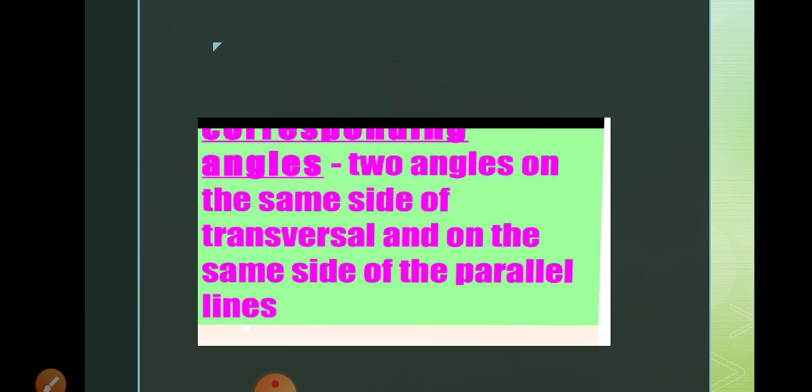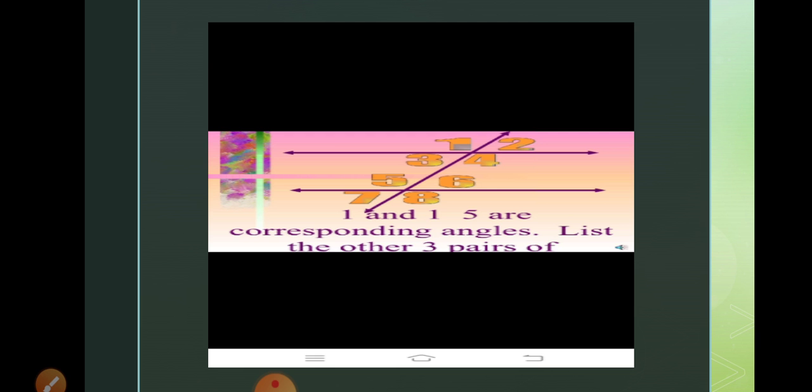Now some types of angles are formed by the transversal. First of all, we will see the corresponding angles. What are corresponding angles? There are two sides of a transversal, one can say right hand side and one left hand side. Two angles on the same side of a transversal are known as corresponding angles.